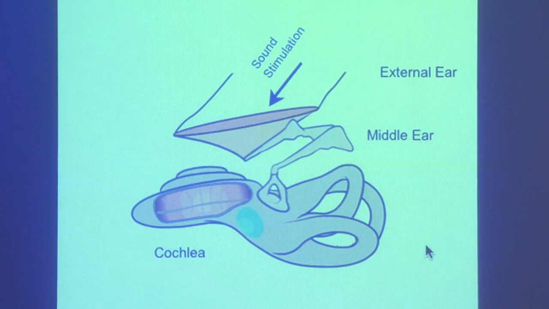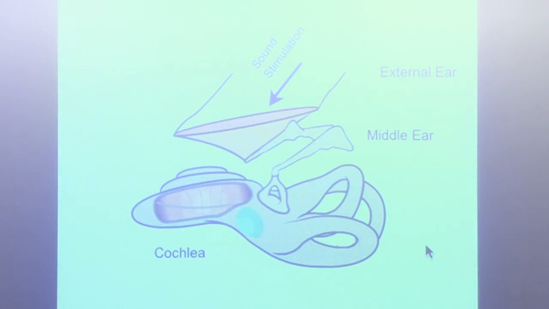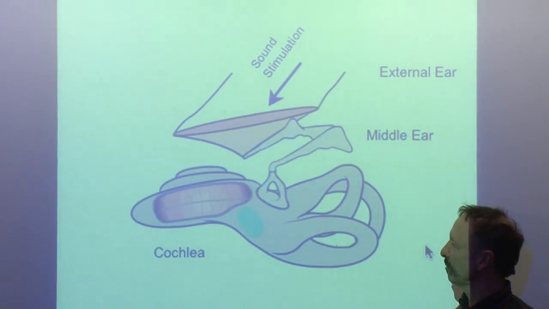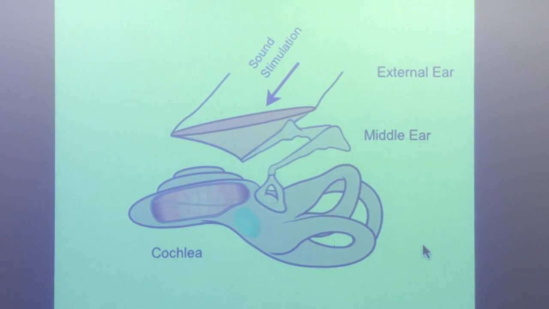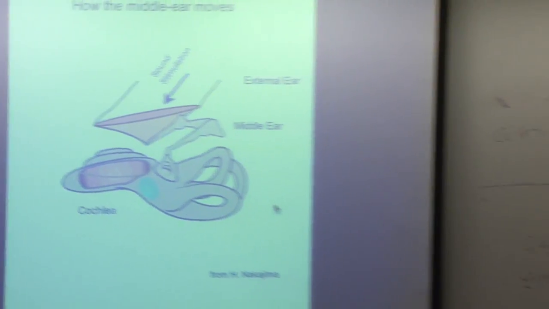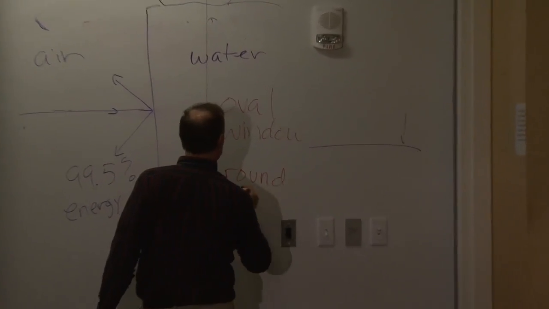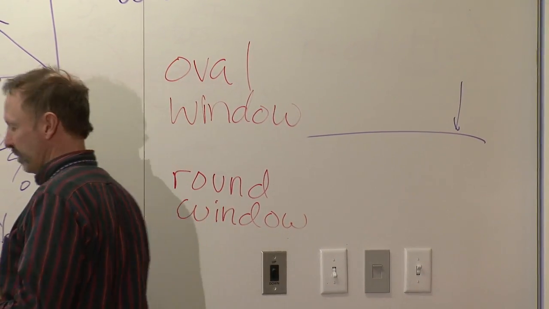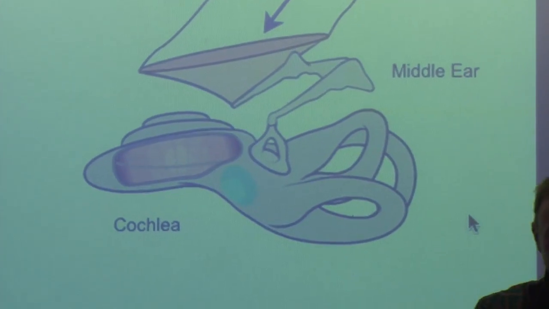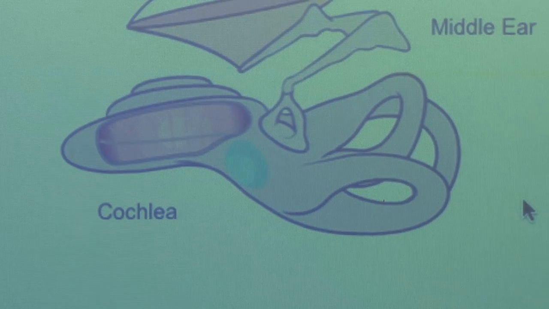The footplate of the stapes pushes on that oval window. It's not indicated here, but it's right underneath this oval part. There's another window called the round window. That's indicated by blue there. It's just a pressure relief point, because if you pushed on fluid, it would push back to you.